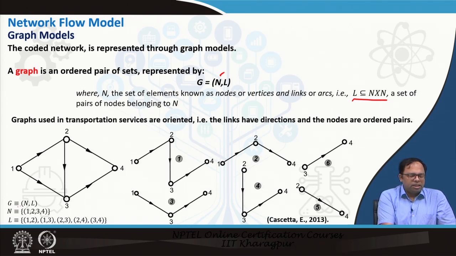We can see G, this is the entire graph. G is equivalent to N and L, and in N we have 1, 2, 3, 4, and these are the nodes, and in L, the links are (1,2), (1,3), (2,3), these are the different links, and that is what is being shown over here.